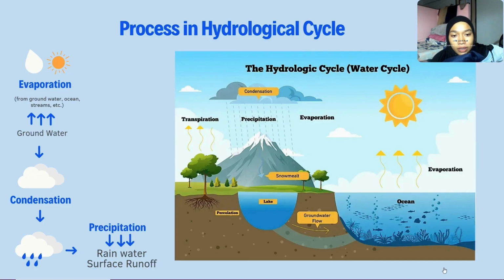And then when the clouds become heavy, precipitation will occur as rain, and then the rainwater will flow as surface runoff, or it can infiltrate into the ground as groundwater, and then it will return back to the ocean. So this continuous process is known as the hydrological cycle.